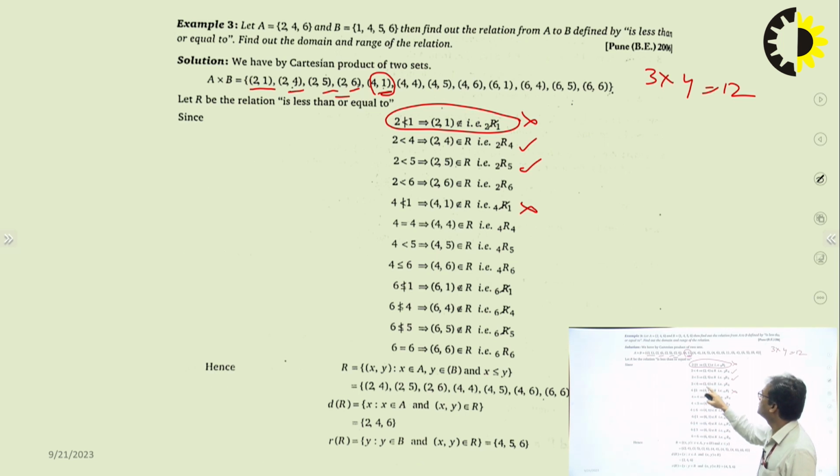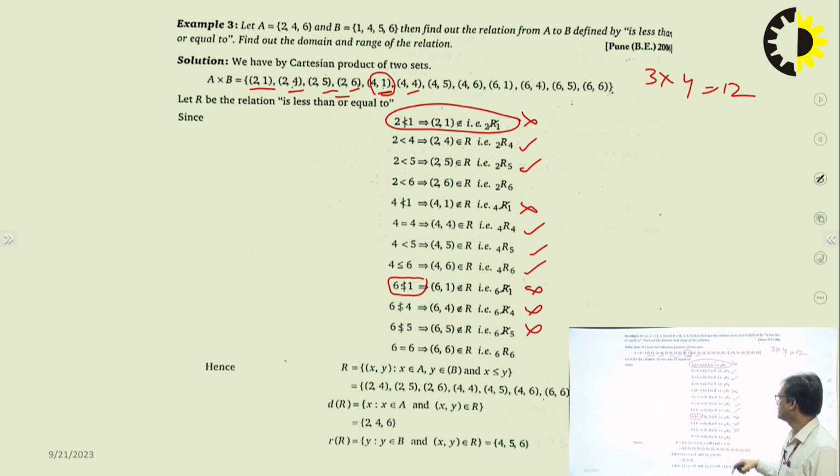(4, 4) is basically a relation here: less than is not satisfied, but equal to is, so the condition is followed and this will be there also. (4, 5) will be there. (4, 6) will be there. (6, 1) will not be there because 6 is not less than 1. (6, 5) will not be there, and (6, 6) will be there because the equal to relation is also followed.